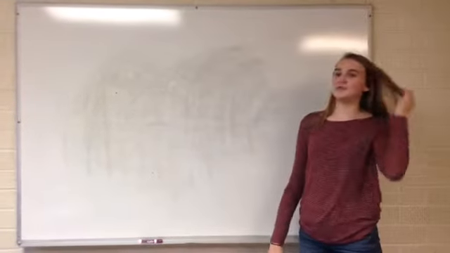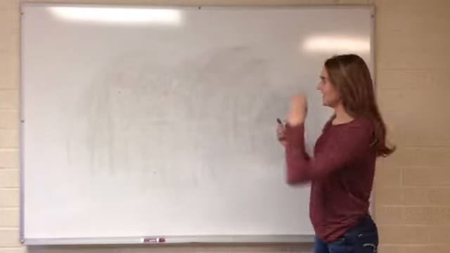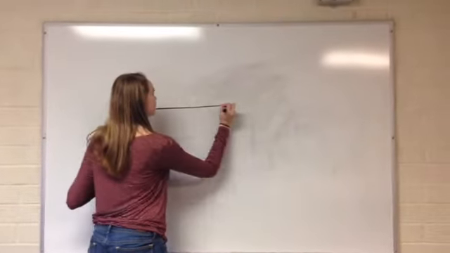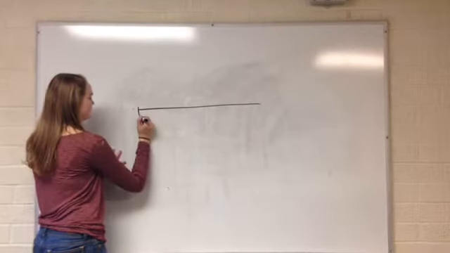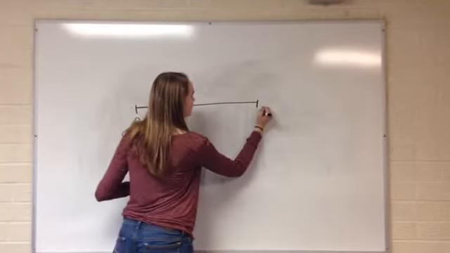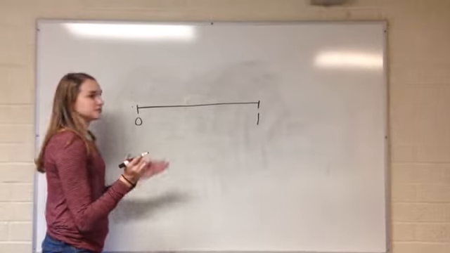Okay, so the third way that we're going to show an equivalent fraction of 2/3 is the number line. So if we draw our first number line, we can put the start of it at 0, and then all the way to 1. So in between 0 and 1, we're going to break it up into thirds.